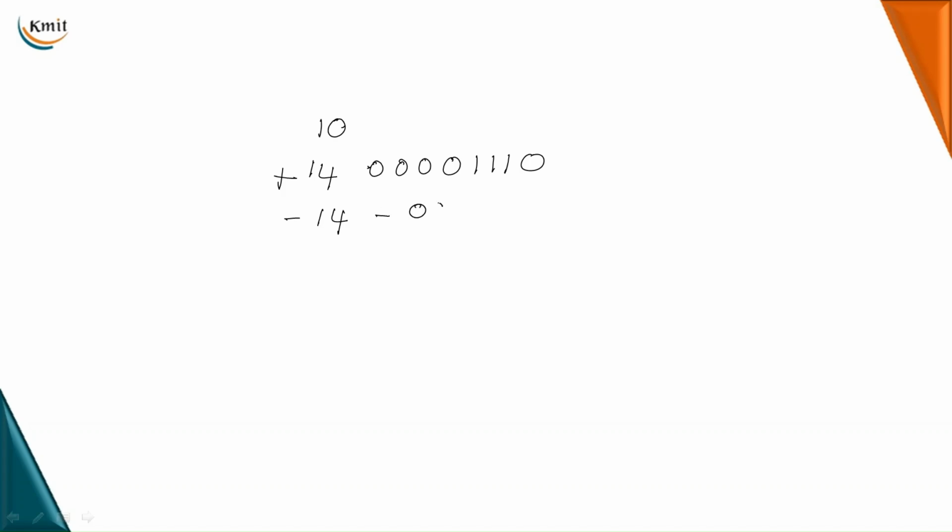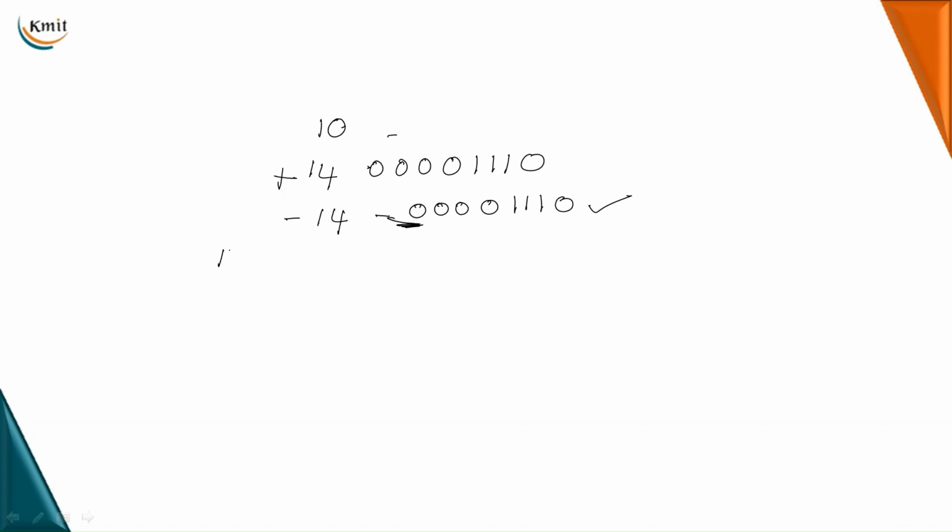Can you give it like minus 00001110? Will the computer accept this as an input? No, because the computer cannot understand any language other than zeros and ones. So if you have to represent a negative number to a computer, you cannot represent it like this. This is not the method of representing negative numbers. For that, there are three ways of representing negative numbers.